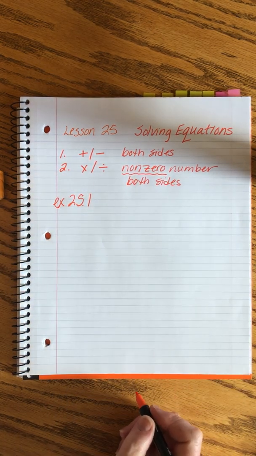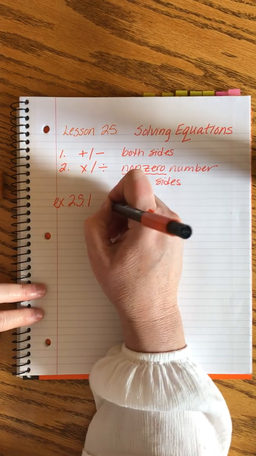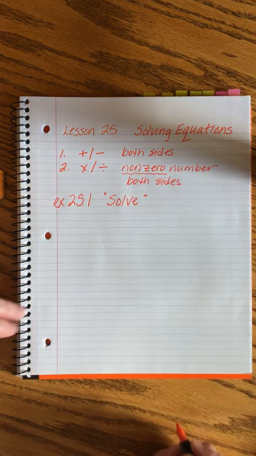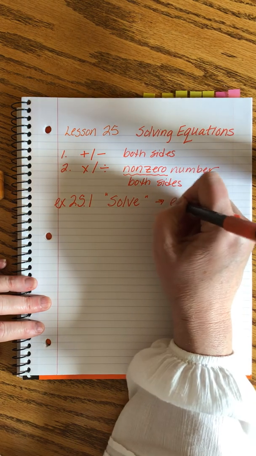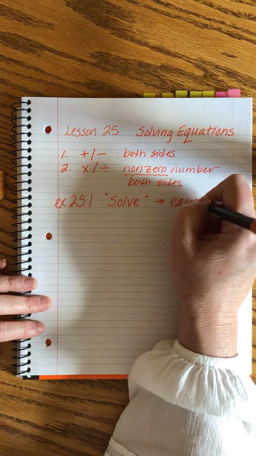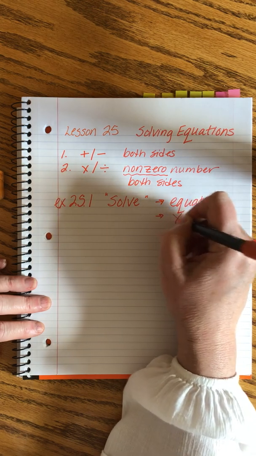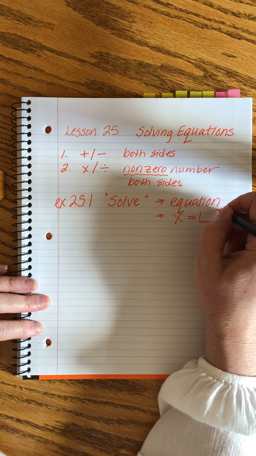25.1. Now, whenever we see the word solve in the instructions of a problem, that tells us that we have an equation, and that our goal is an answer that looks like x equals fill in the blank, right?